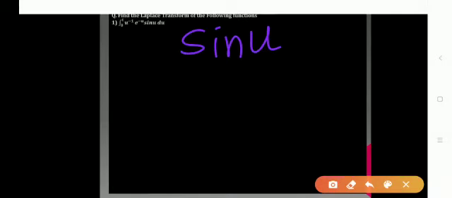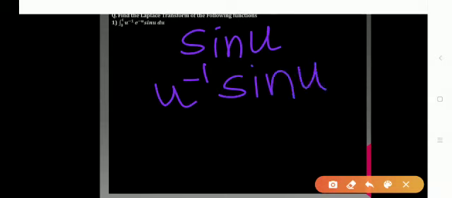Now sin u is immediately multiplied by e raised to minus u, so no doubt you have to apply the first shifting property. But in the last lecture we have seen that instead of applying the first shifting property right now, it is better to apply it at the end. So we will now take u raised to minus 1 sin u, which is nothing but 1 upon u sin u.